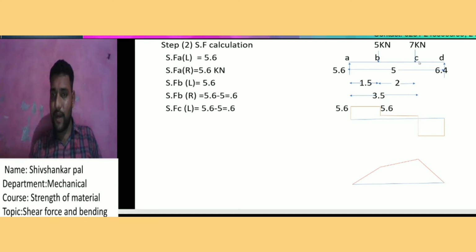When I go to the right-hand side of point C, I see three forces. One is 5.6 kN in the upward direction, the second is 5 kN in the downward direction, and the third is 7 kN in the downward direction.